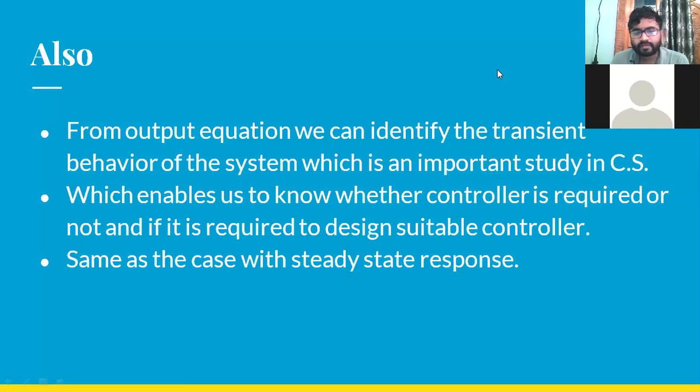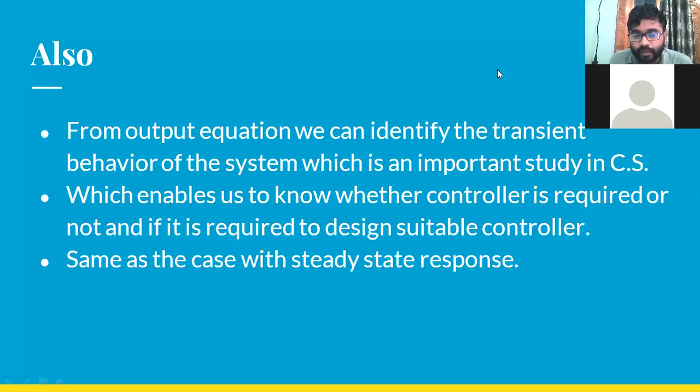You know the parameters of the transient response, right? Rise time, peak overshoot, all these. If any parameter is not satisfactory, or does not have the required value, then immediately what we will do, we will design a suitable controller.